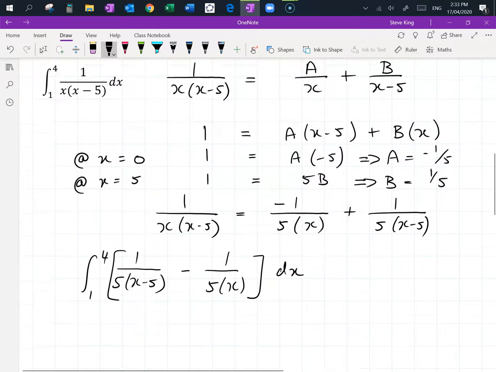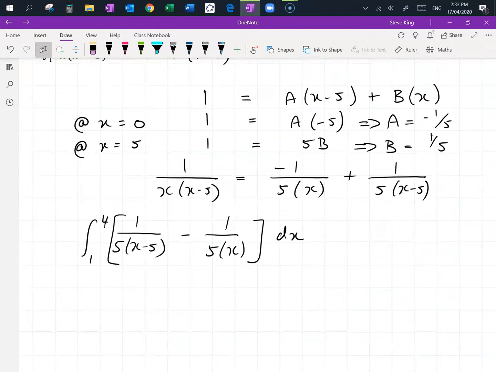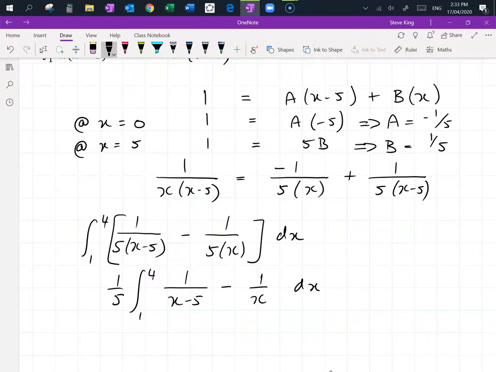Now hopefully you'll notice that 1/5 is a factor of both terms there. So I will remove that 1/5 out in front, and I've got the integral between 1 and 4 of 1 over x minus 5 minus 1 over x dx.